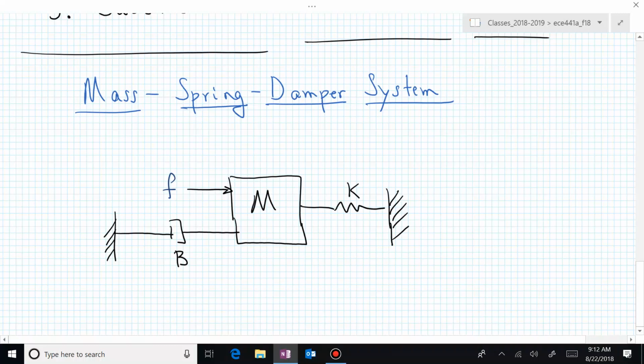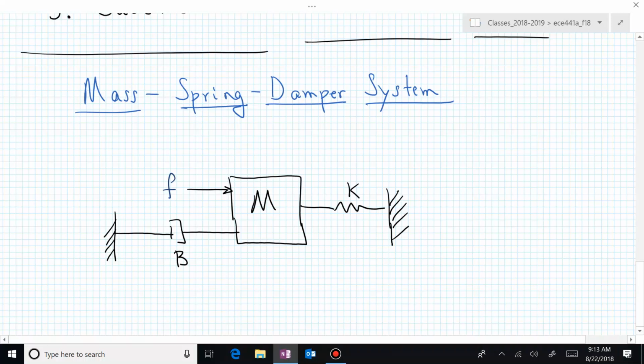We're decoupling those. B is our damping capability, that's our dashpot, and K is our spring. The combination of those is what you might have in a shock absorber. In a shock absorber you would just have the spring and the damping together, but here we're trying to put those in two different places.